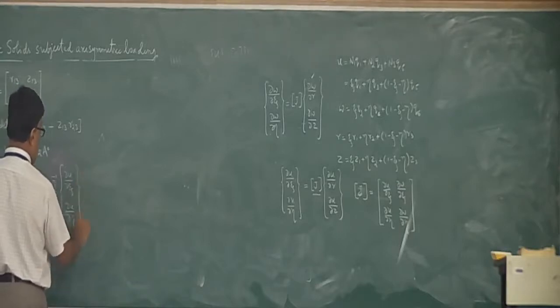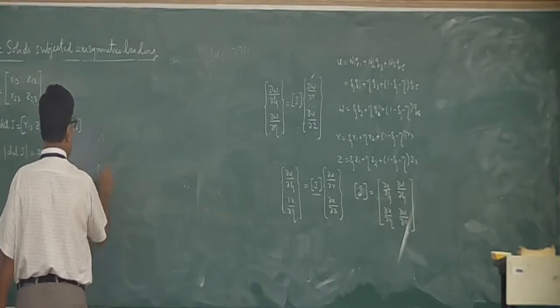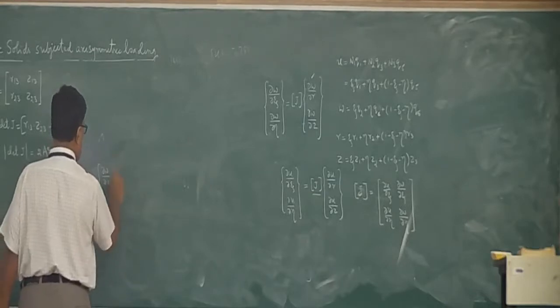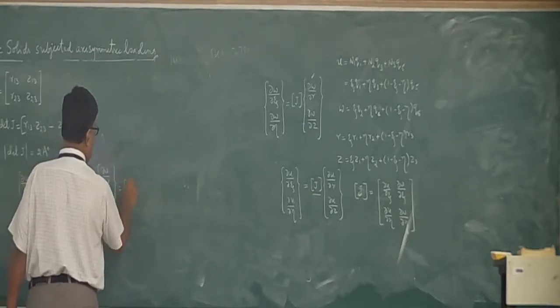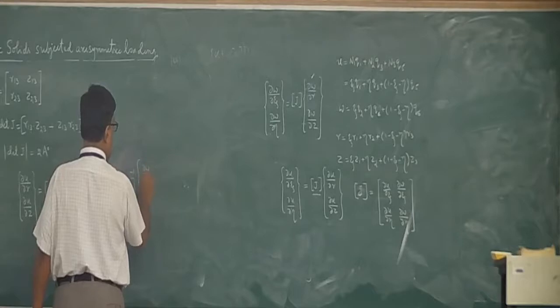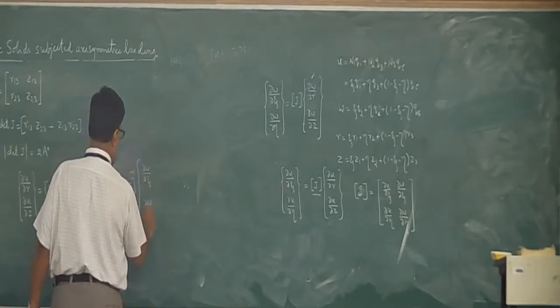This is one interesting thing. Similarly, if I want ∂W/∂R, ∂W/∂Z, I have to take again J inverse, ∂W/∂ζ and ∂W/∂η.